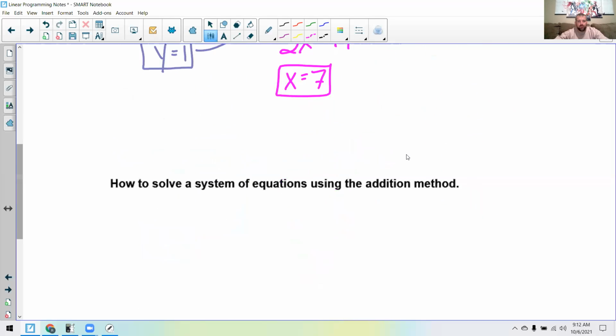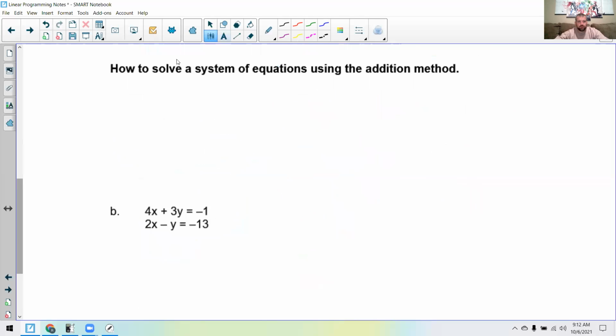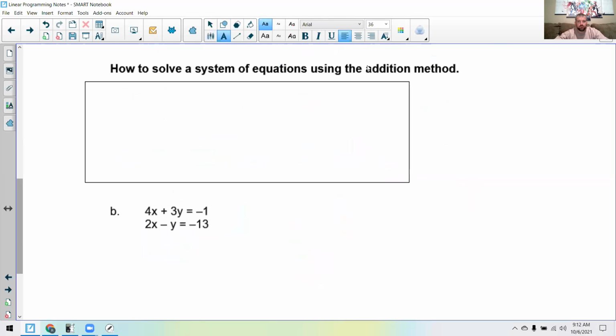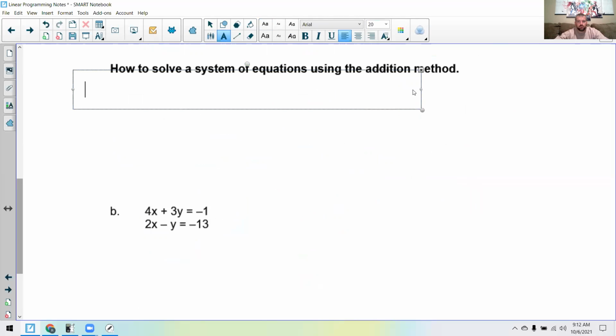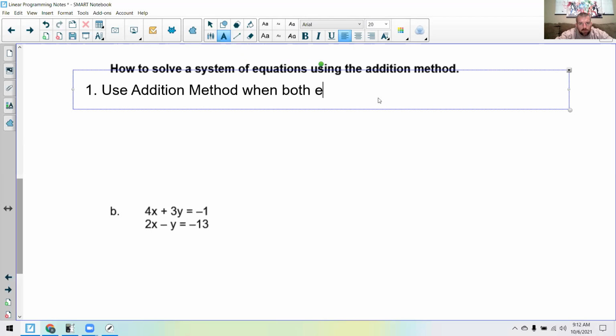Okay, let me write down the steps. Step 1, use addition method when both equations are written in standard form.